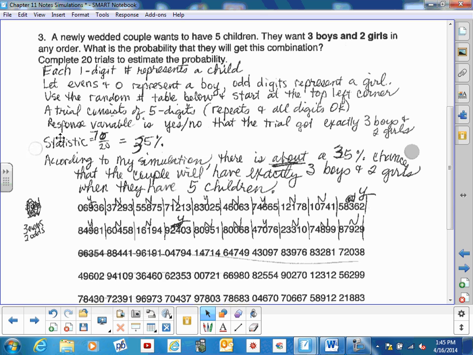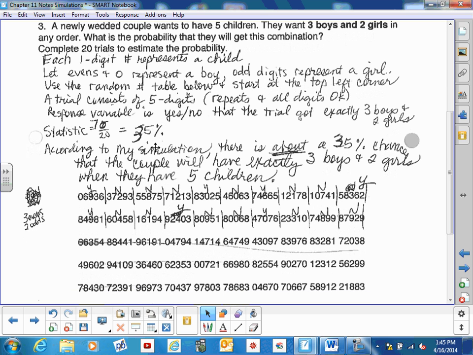I ended up running this and I got 35%. So according to my simulation, there is about a 35% chance that the couple will have exactly 3 boys and 2 girls when they have 5 children. Okay? Now, how would you have done this problem theoretically with a binomial PDF? How would the question be posed?